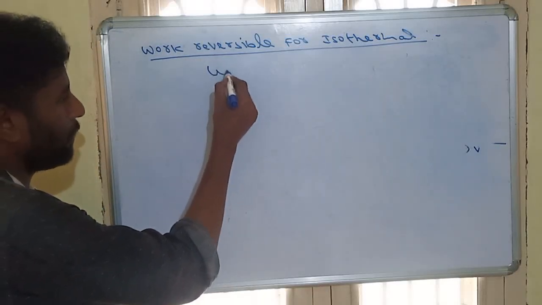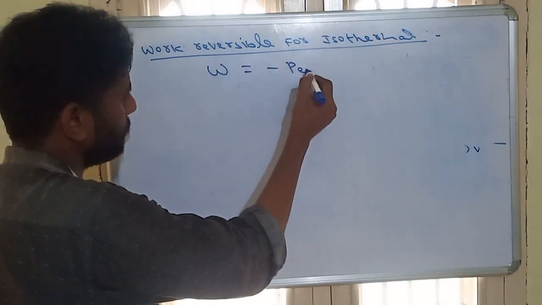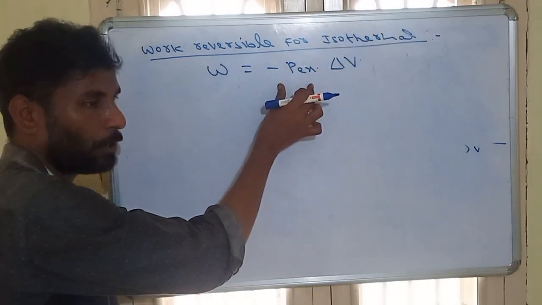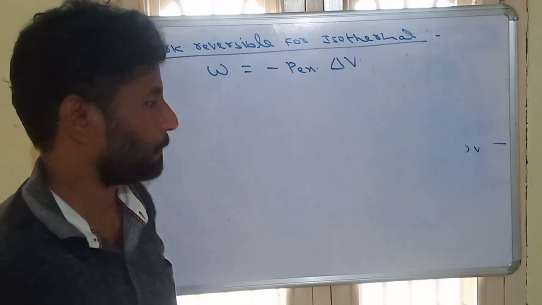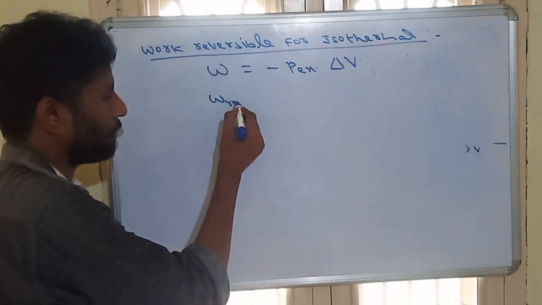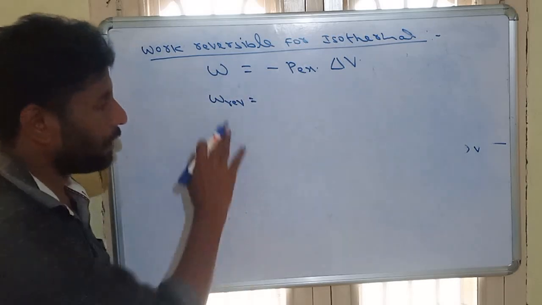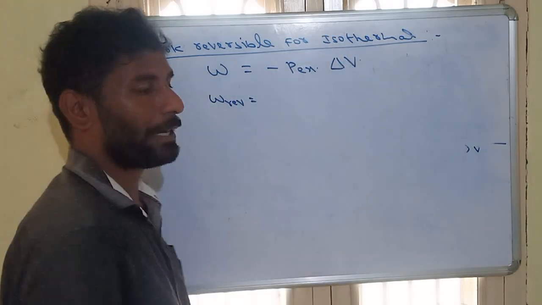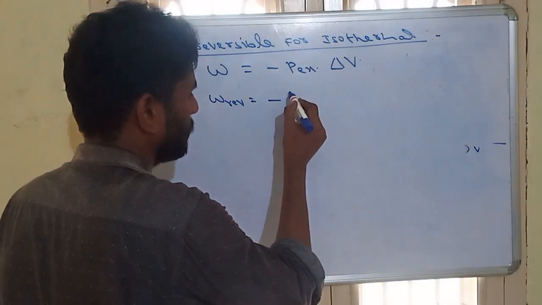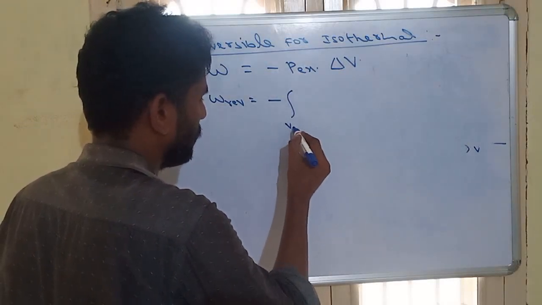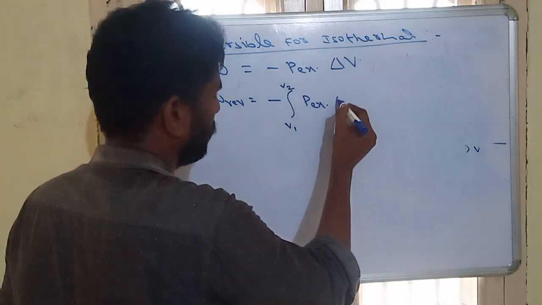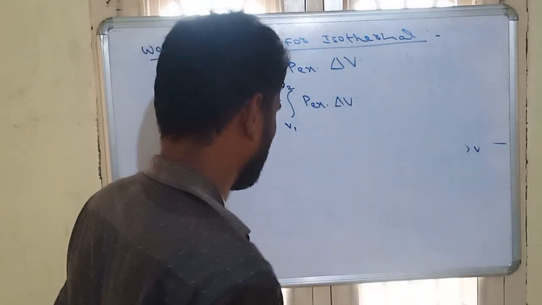We know the work formula: work is equal to minus Pex into delta V. However, it is applicable when pressure is constant. If pressure is changing, then this is called reversible work. To get reversible work, we have to do integration for this formula: minus integration from V1 to V2 of Pex dV.